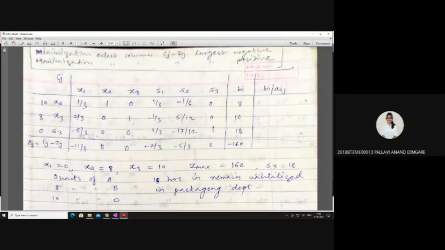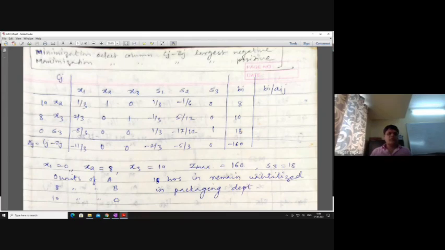Formulate LPP and determine number of units of each of the product that should be made each day to maximize total contribution. Okay, so number of units of product B should be 8, C should be 10, and A should be 0, so that we can maximize the contribution, and the maximum contribution will be Zmax equal to 160. Is it okay? So that is answer.